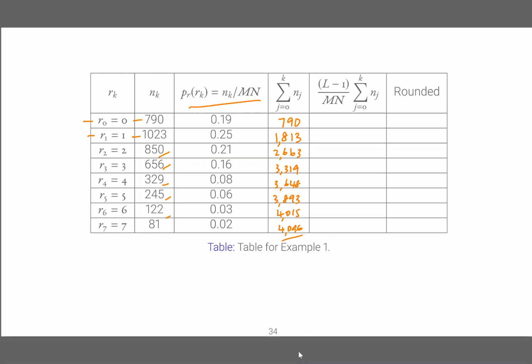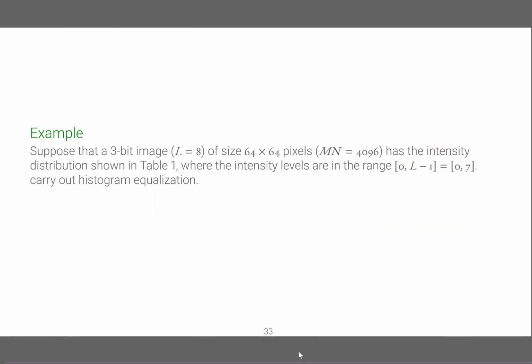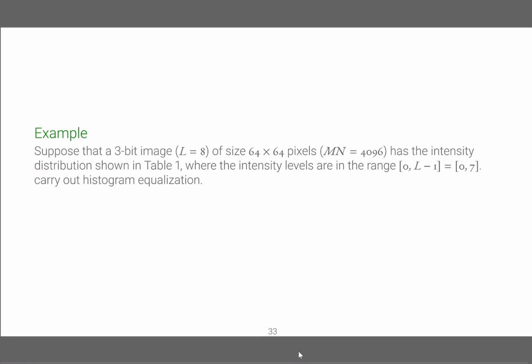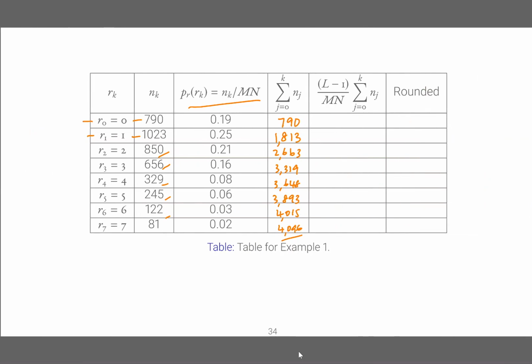So then the formula dictates that we need to multiply it by L minus 1 and divide by Mn. So L minus 1 divided by Mn, this would be 7 divided by 4096. With this number, you have to multiply and then round it off.